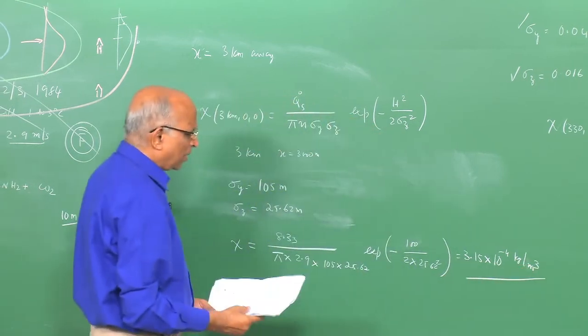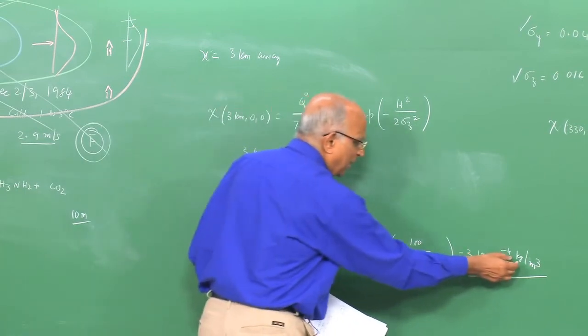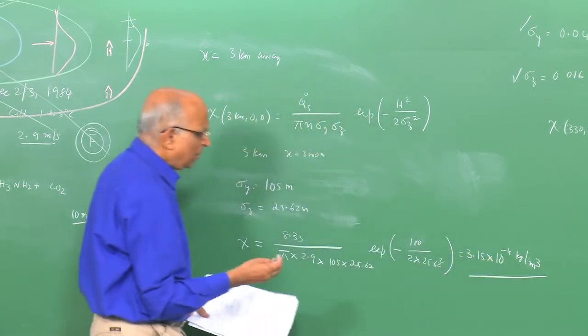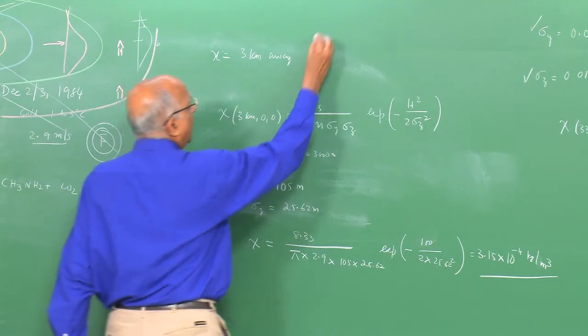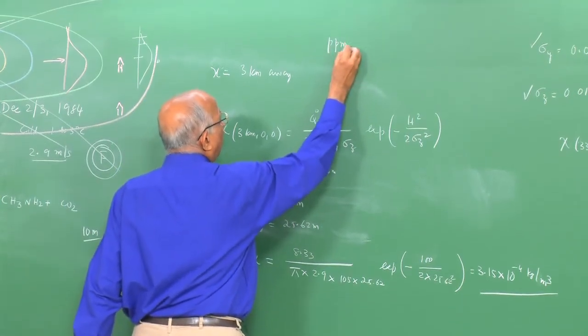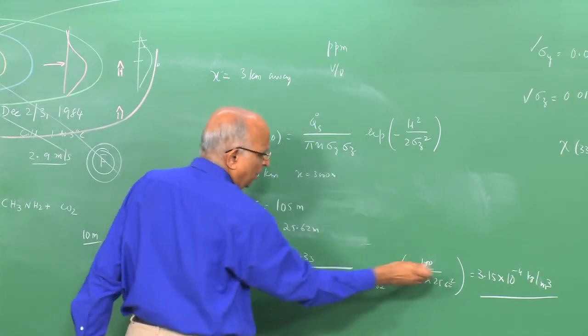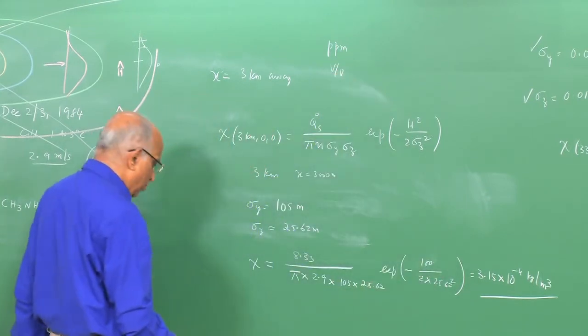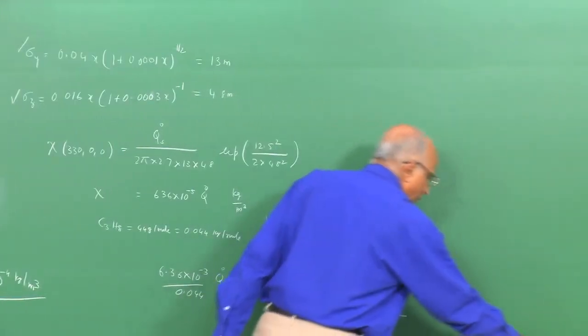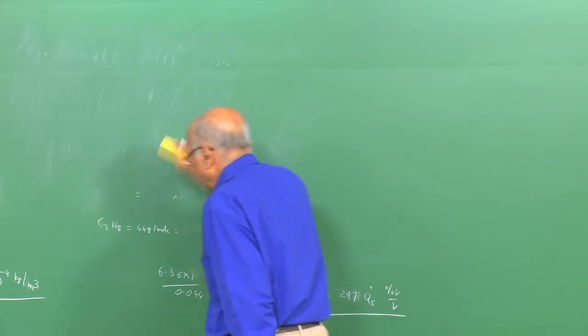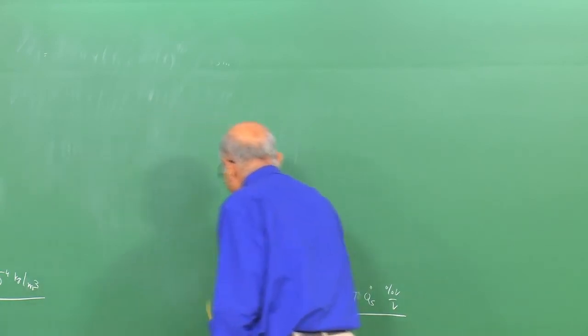A concentration expressed in kilograms per meter cube is a little more difficult to interpret, because we are used to concentration being said as so much parts per million or volume by volume. Therefore, let us convert it to parts per million, and we do this by looking at the molecular mass of methyl isocyanate.